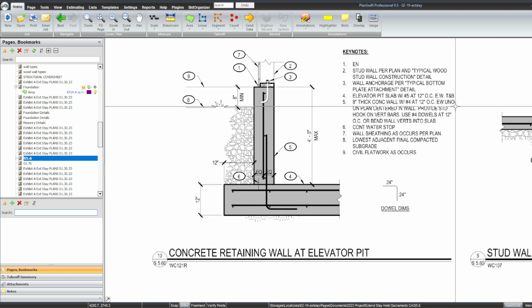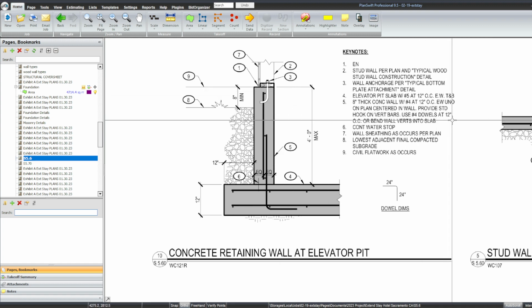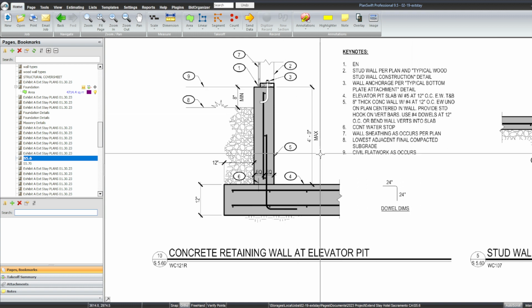The number 4s provide stud hook on vertical bars, use dowels at every foot, off center or bend. That's 5 here, those are the dowels. So that's the connection, the reinforcement between the wall and the foundation, and then the wall itself.